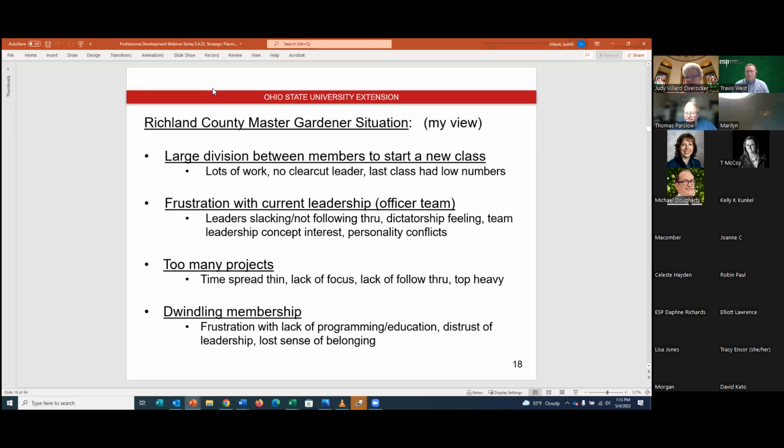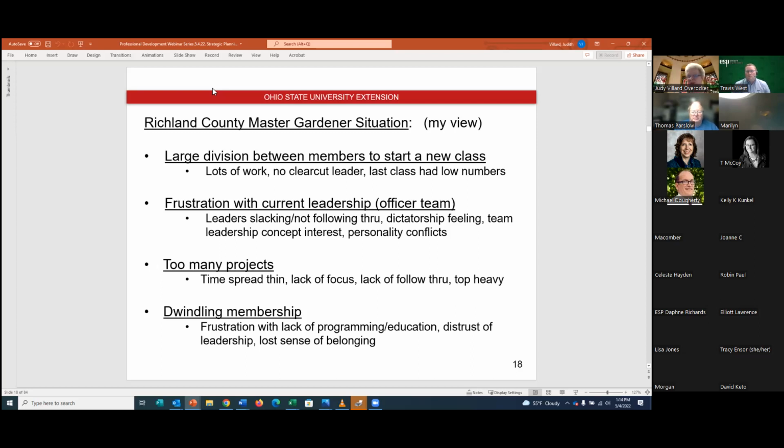I'm the lone educator in my county, so I've worked with them a bit, but it's not the same kind of relationship as I would have had maybe if I was the agriculture educator and this was one of my programs and we worked consistently together. So I'm kind of looking in the window here. People that I know, I've worked with, they respect me, I respect them, but I'm looking in the window. And so that was a little bit of a challenge from my end.